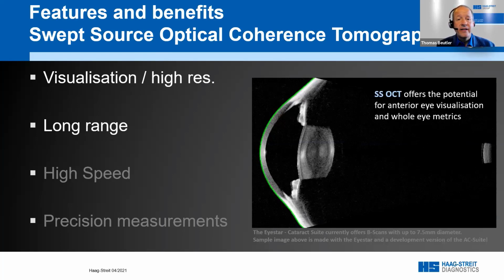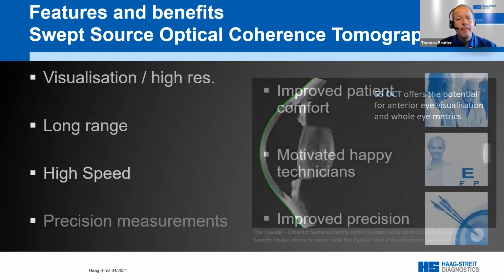That's 18 millimeter diameter bead scan, which we see here from the cornea to the sclera. We see the anterior chamber, we see the chamber angle with the scleral spurs, and we also see the retina. And that's without stitching, one scan, and no combination of multiple modalities necessary.